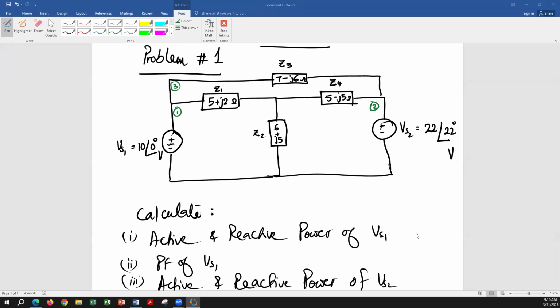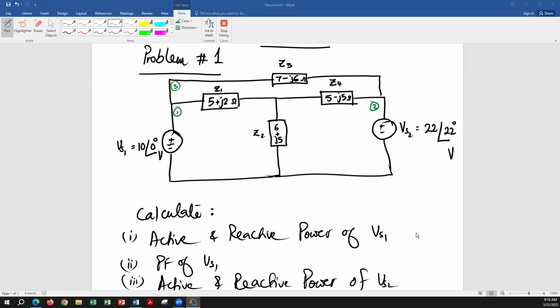So to calculate the active and reactive power of VS1, what do we need? It's already in rectangular form, 10. The value is 10 because the angle is 0. So we need to find the current passing through VS1 to calculate the active and reactive power.